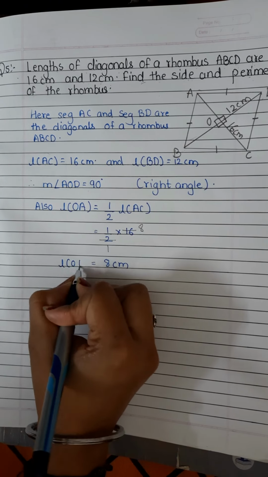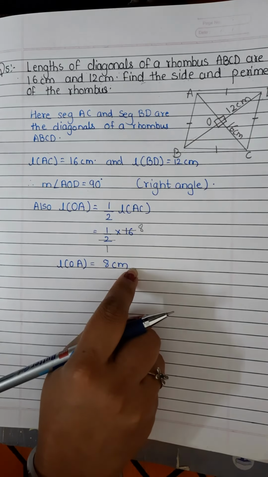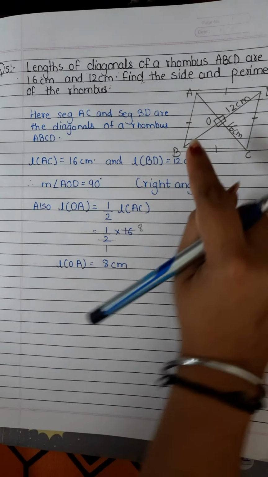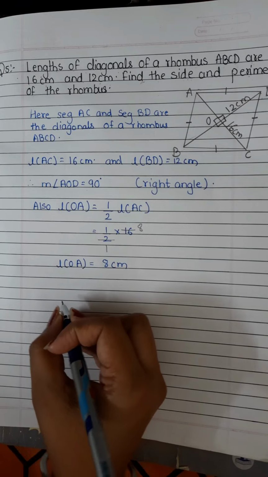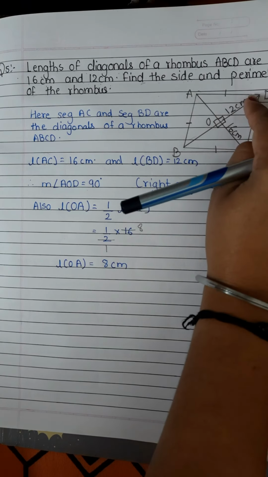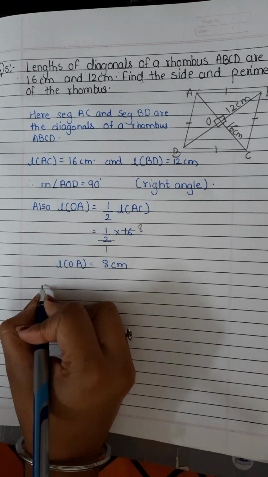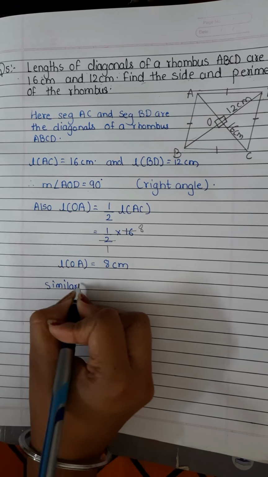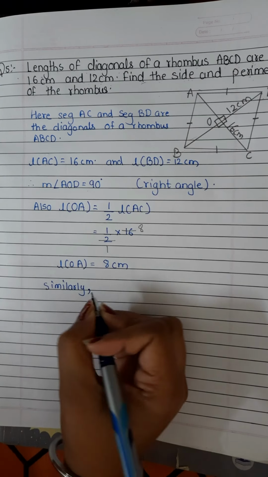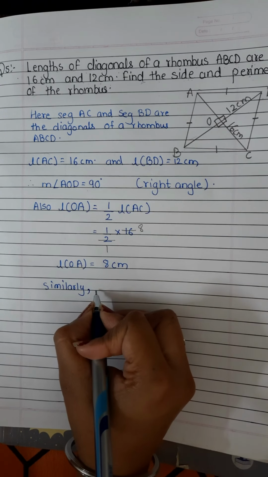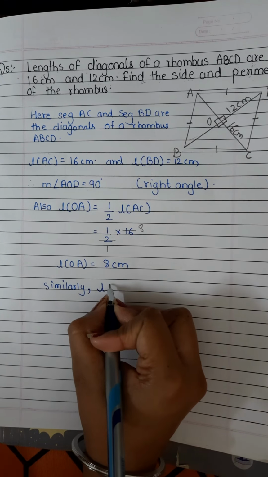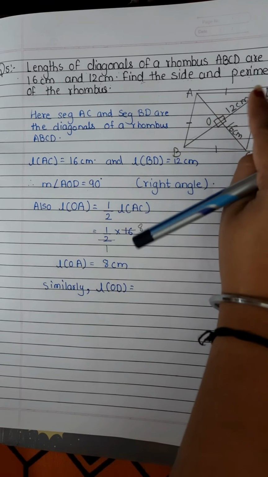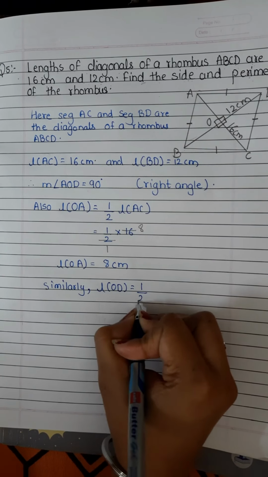Similarly, we will find the length of OD. Length of OD is equal to half of BD.